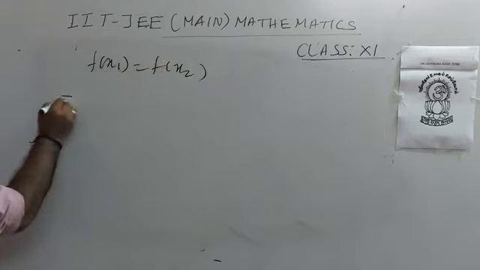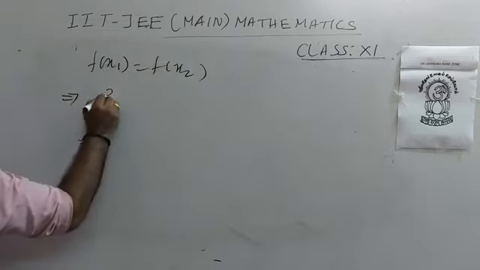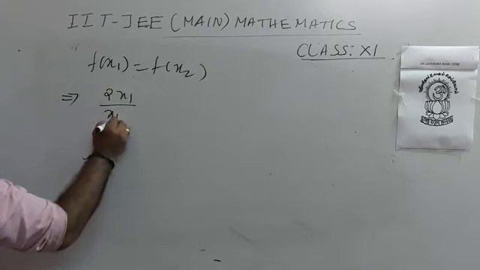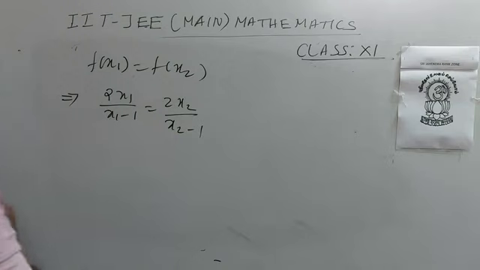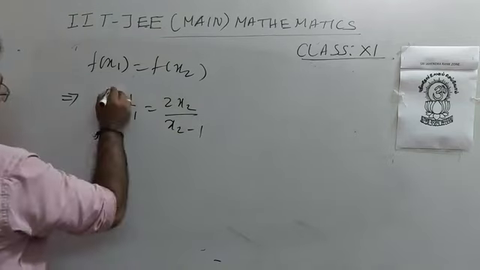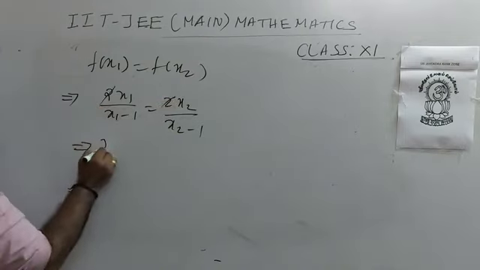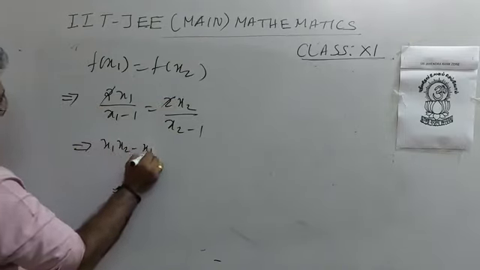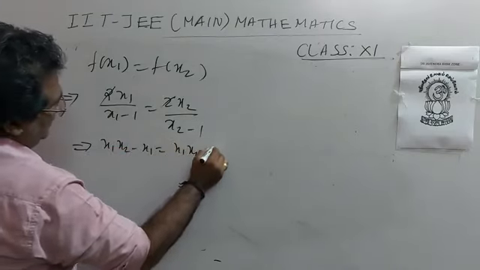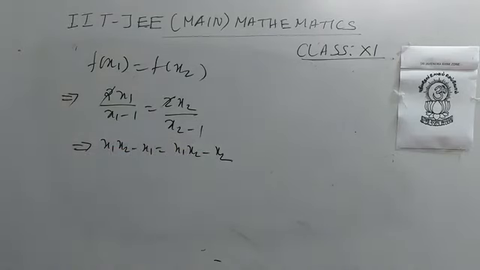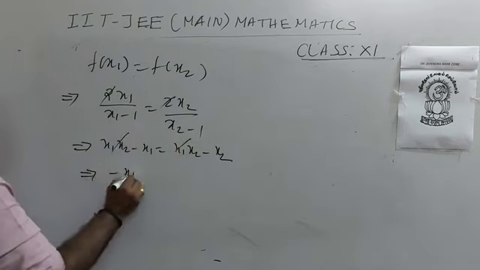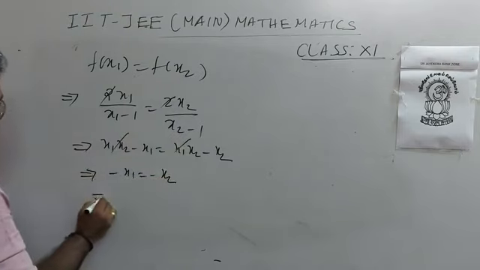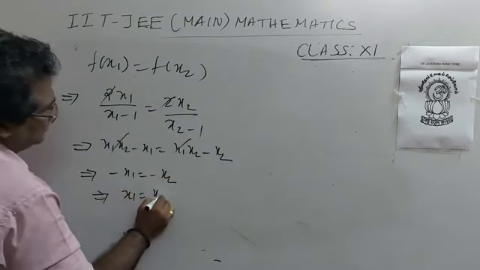F of x1 equal to f of x2 implies 2x1 by x1 minus 1 equal to 2x2 by x2 minus 1, so x1 x2 minus x1 equals x1 x2 minus x2, minus x1 equal to minus x2, which implies x1 equal to x2.